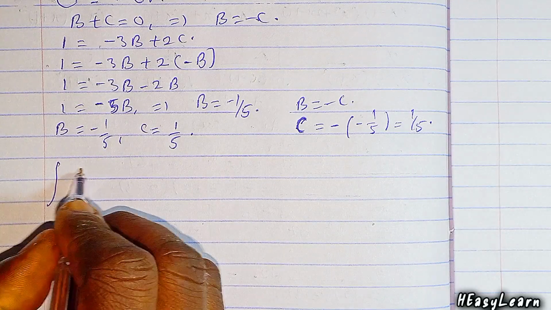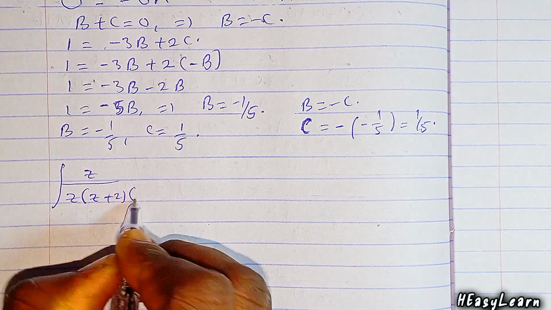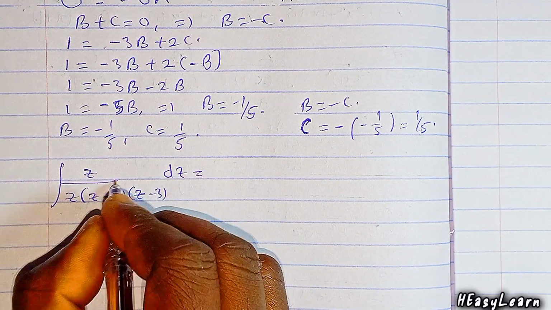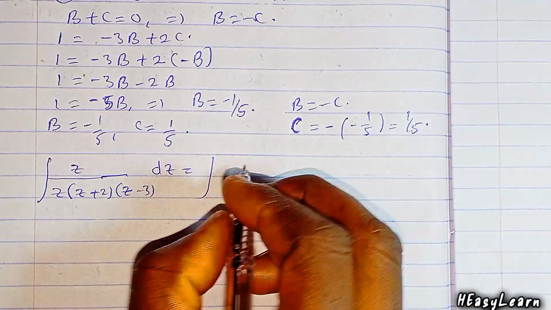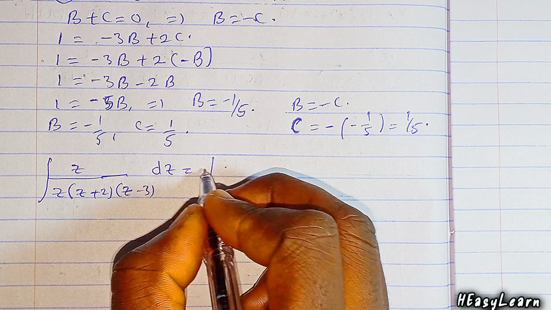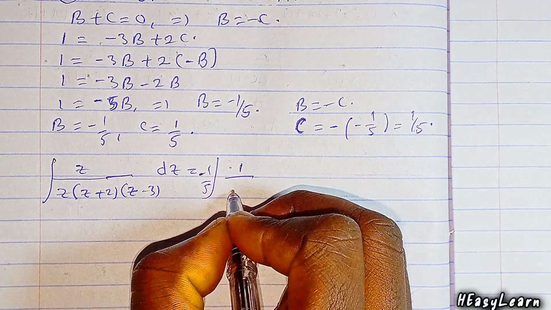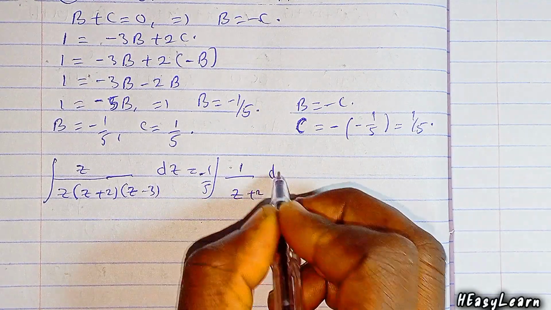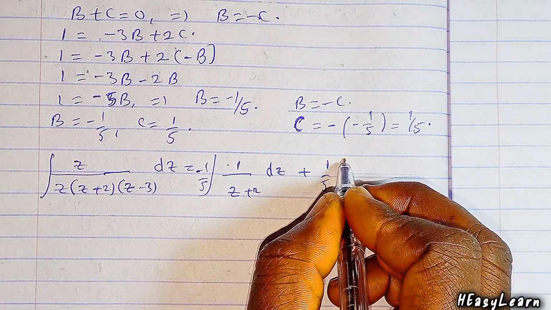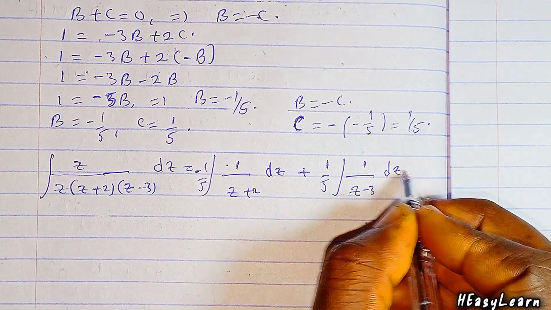So the integral of z divided by z plus 2, z minus 3 dz is equal to the integral of, a divided by z is gone, then b is minus 1 over 5, 1 over z plus 2 dz plus 1 over 5 the integral of 1 over z minus 3 dz.